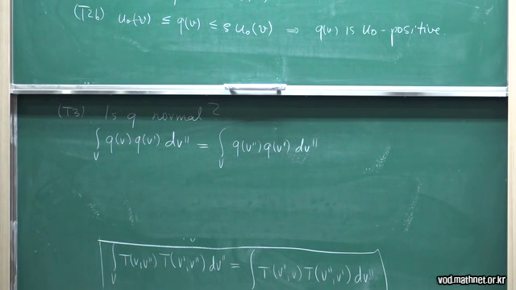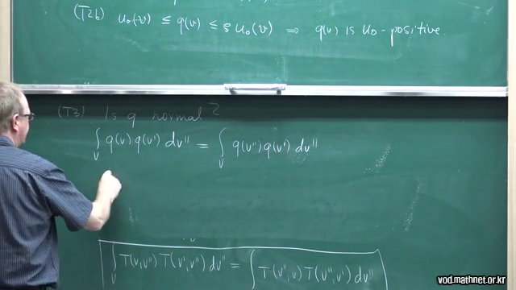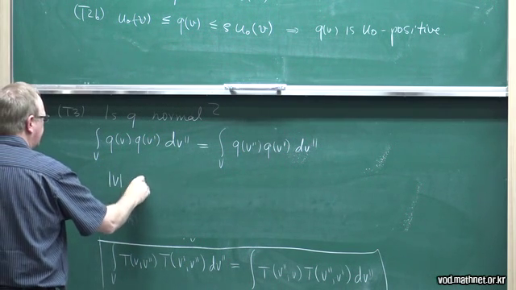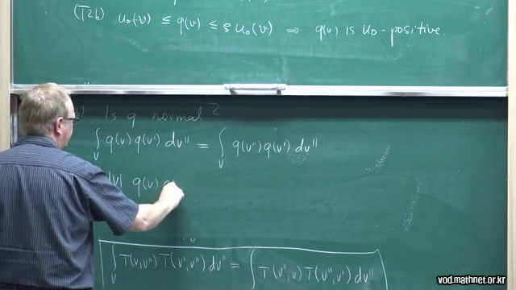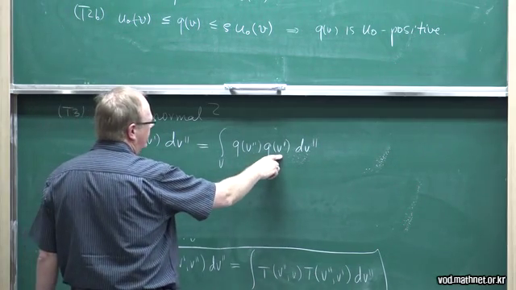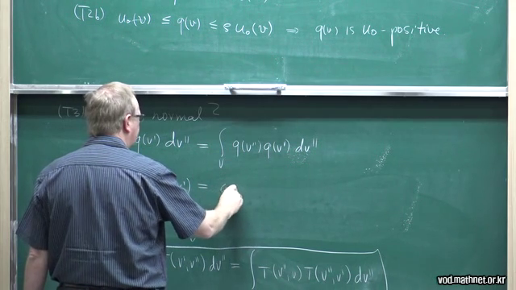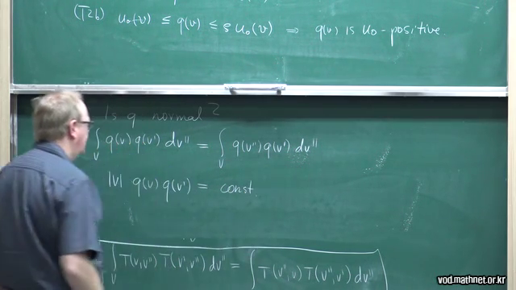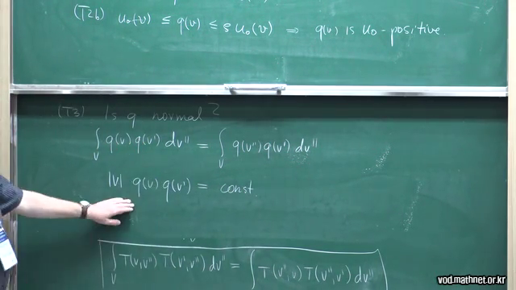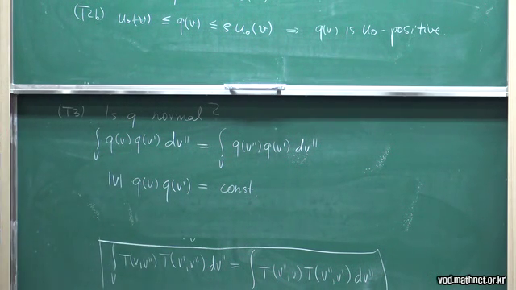So that's a funny relation. What you get, this is an integration on V double prime, so this is the size of V times Q of V times Q of V prime. And then the right-hand side you integrate over a Q square basically. So this is a number, so constant. So then you get that Q multiplied must be a constant.